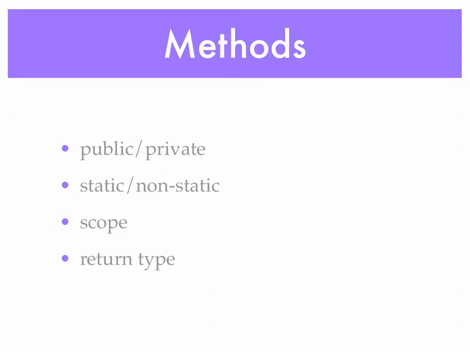A void method doesn't return anything. What I return can be of primitive or of a class type. A method can only return one thing. It can have more than one return statement, but once a return statement fires within a method, that method ends.